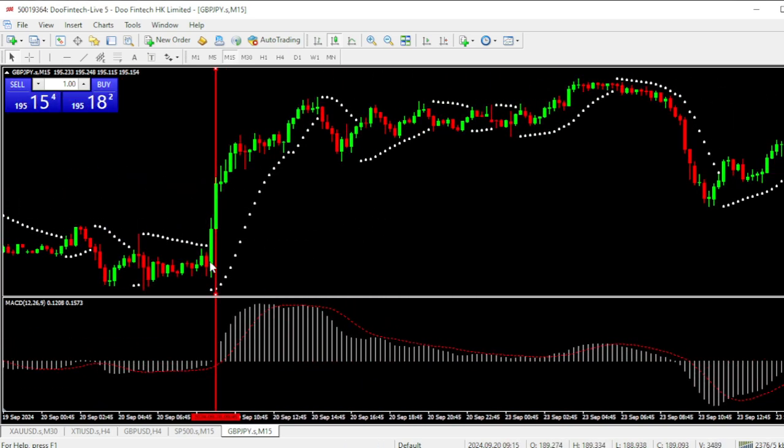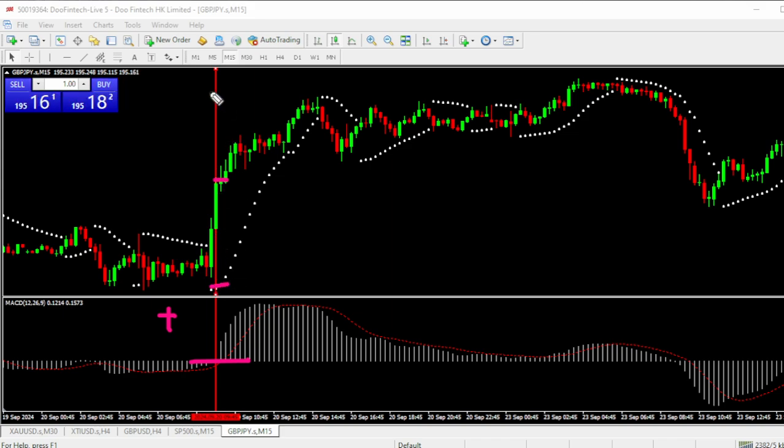So in this example, you just start, right, and open a buy position, right? Because the bar is in the upper section from the zero line, in the positive section, right? So you open a buy position, you put your stop loss just like here.